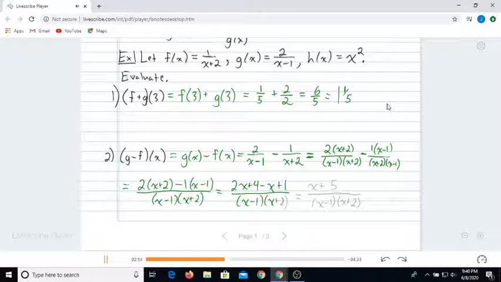So once we're all done simplifying, we get x plus 5 over that common denominator. Again, when we're simplifying, we cannot clear the fractions. We do not have that degree of freedom.